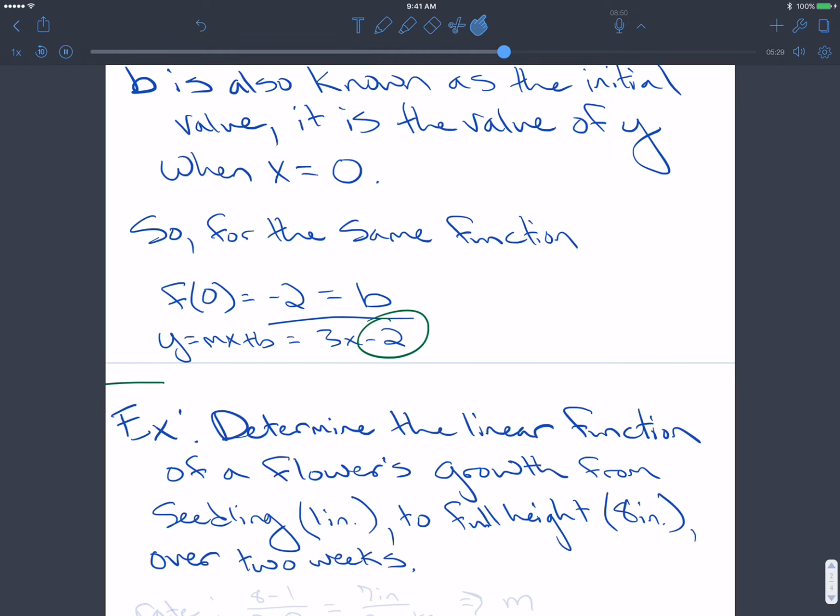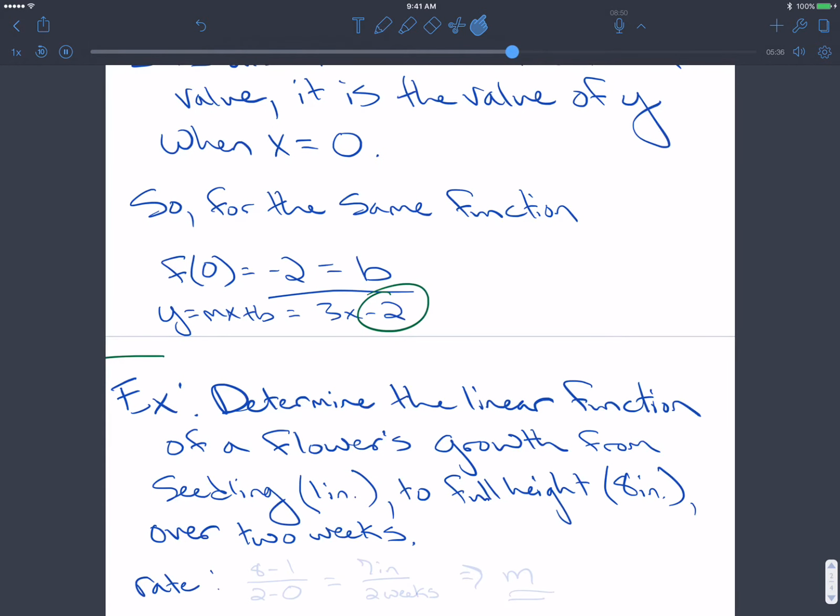If we're measuring in inches and weeks, we use our average rate of change. So we have 8 inches minus 1 inch over the 2 weeks minus 0 weeks, the start. That gives us 7 inches over 2 weeks in terms of the rate.